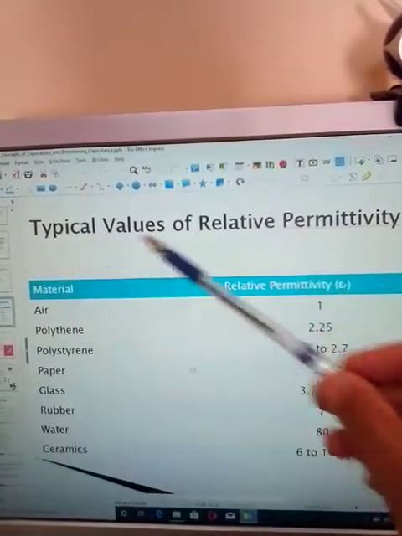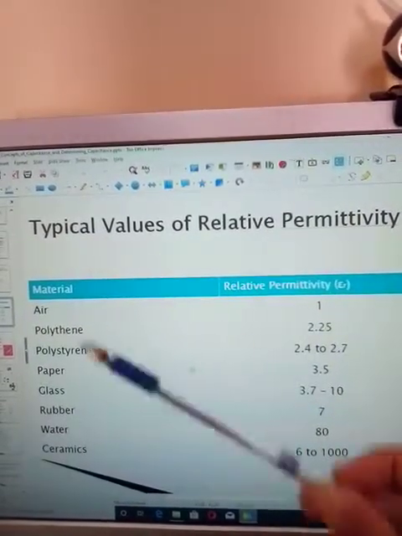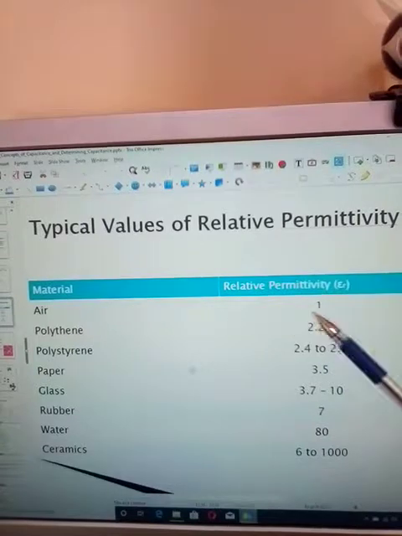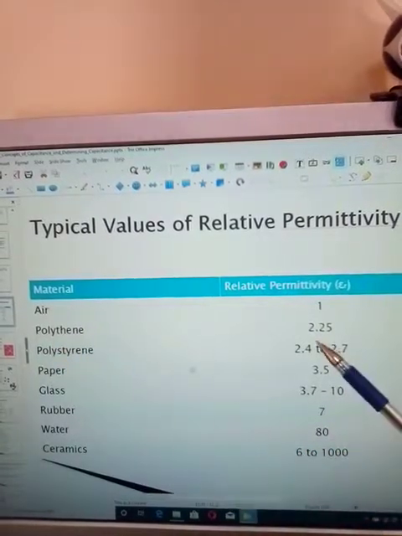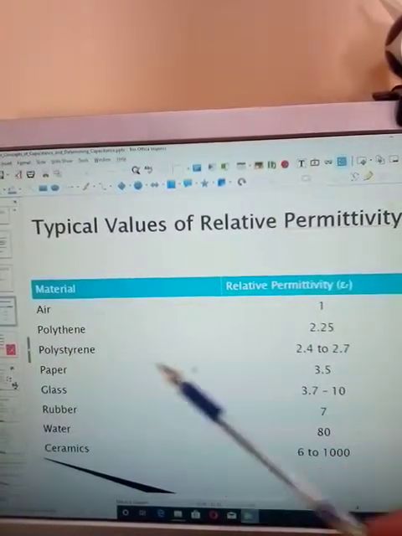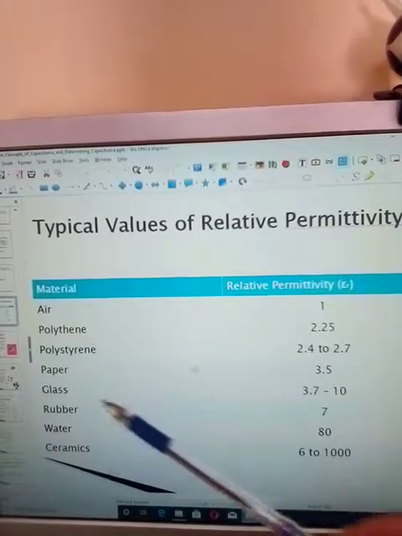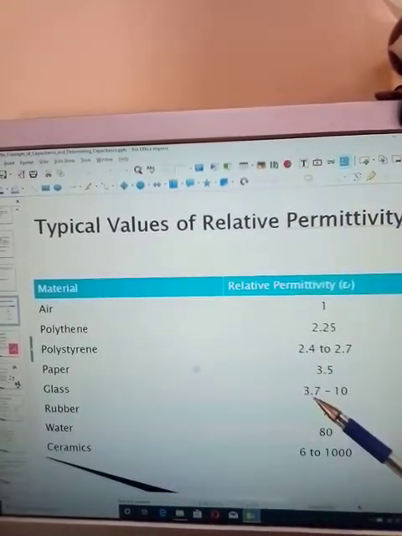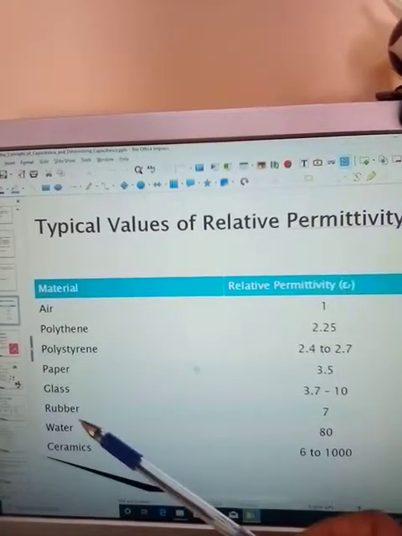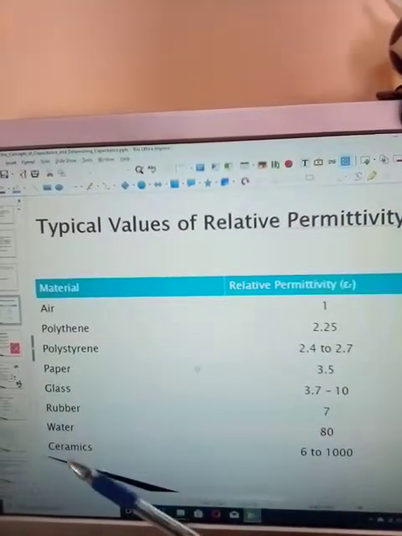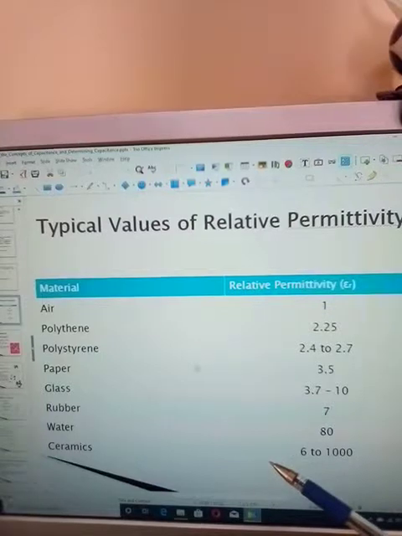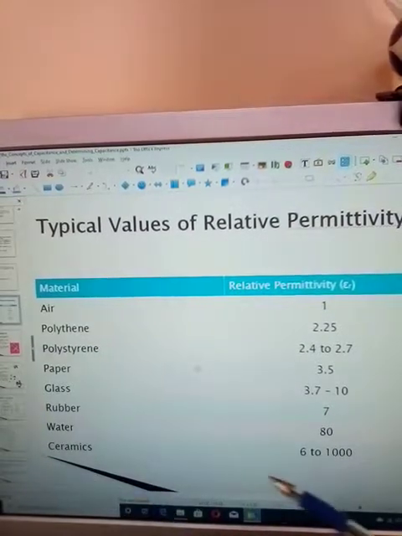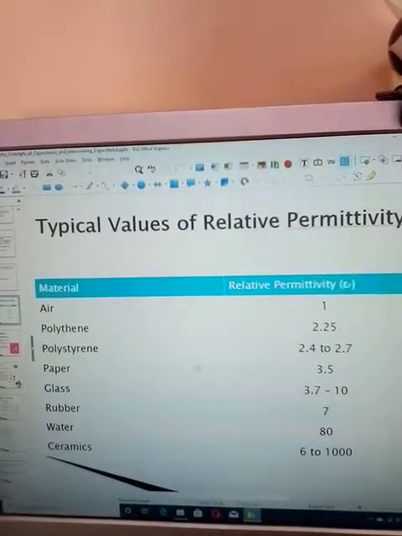Now here we have typical values of relative permittivity for given materials. Air is 1, polythene is 2.25, polystyrene is 2.4 to 2.7, paper is 3.5, glass is 3.7 to 10, rubber is 7, water is 8, ceramics is 6 to 1,000.